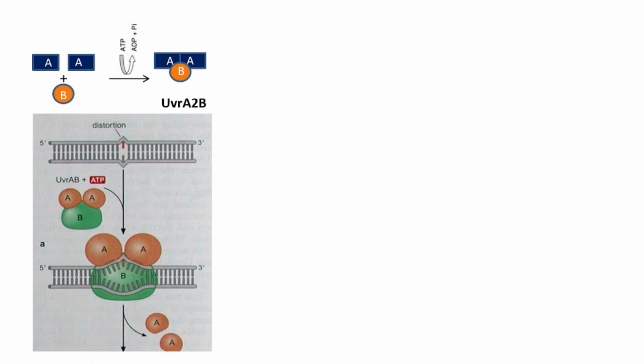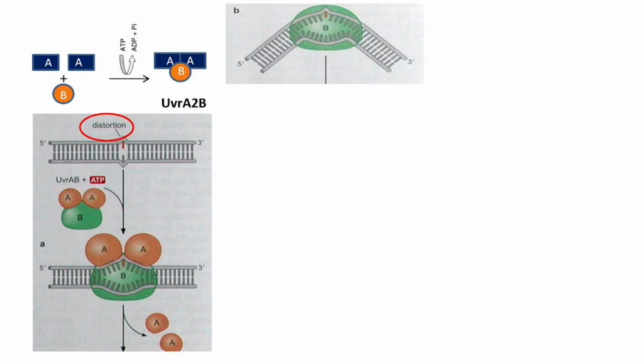The complex recognizes the damaged DNA by the distortion, but it can also bind to undamaged DNA and then slide to the damaged DNA binding site. The binding of the complex to the damaged DNA unwinds a 5 base pair region around the lesion and kinks the DNA around it by about 130 degrees.